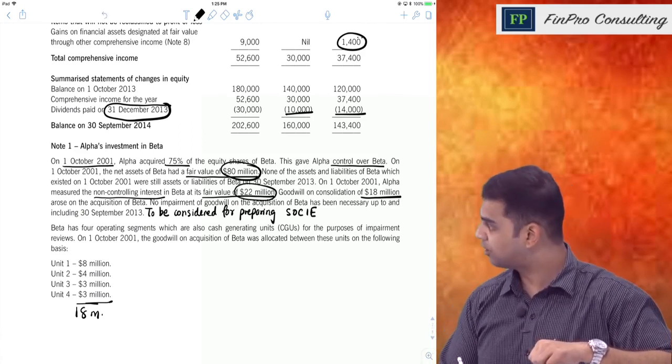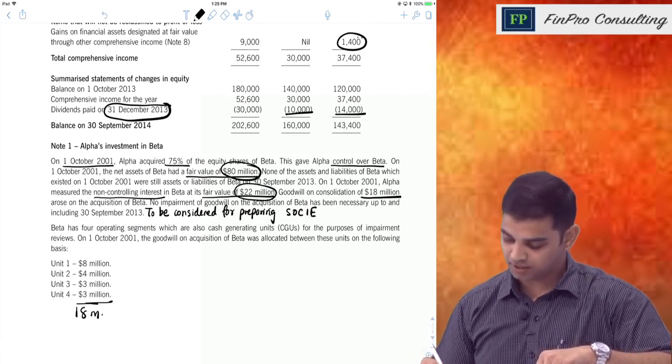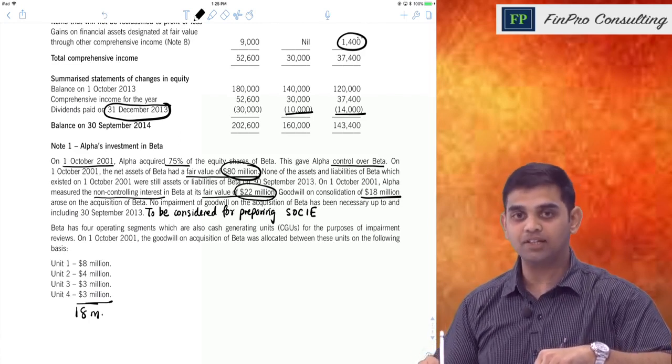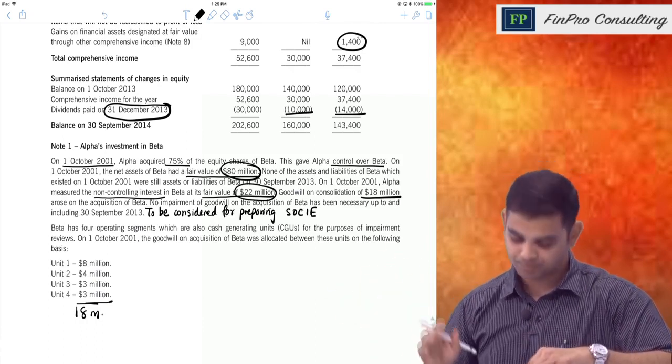And we have written here to be considered for preparing the statement of changes in equity both these amounts, 80 million and 22 million. So now the opening balance of NCI is 22 million and then we will give the respective share till the opening date.